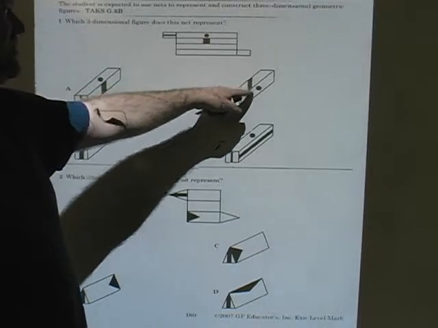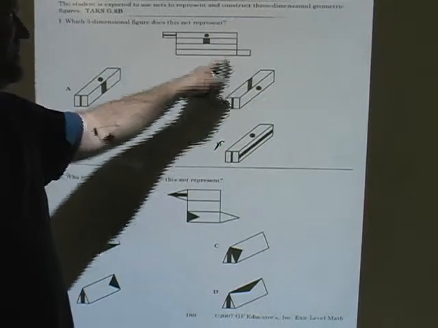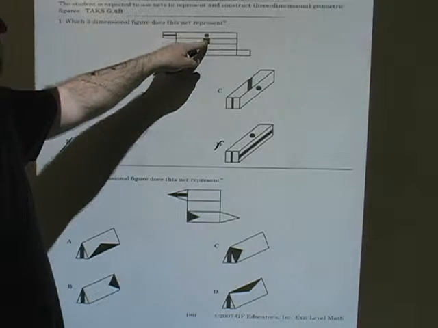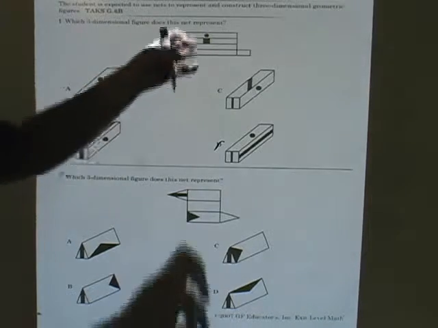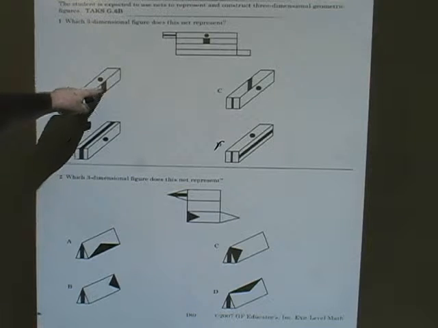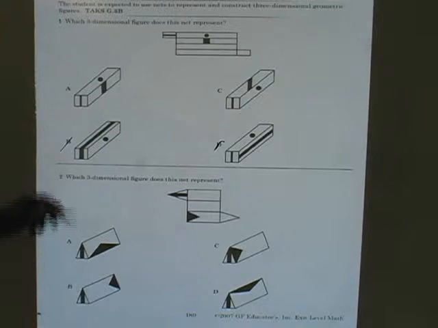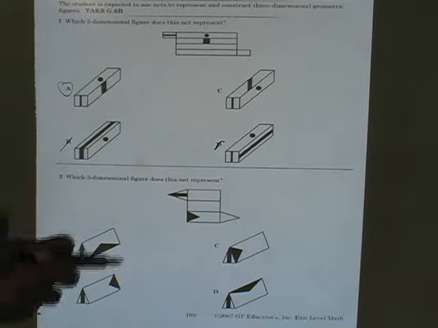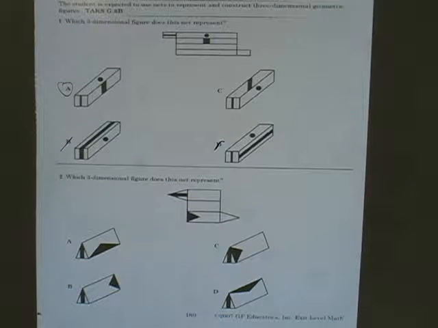Actually it's above it, but it's kind of to the side. And over here, the mark and the circle are right on top of each other. And that's what answer A shows you. So answer A is correct. So you've got to think about what the pieces will look like once they're folded up.